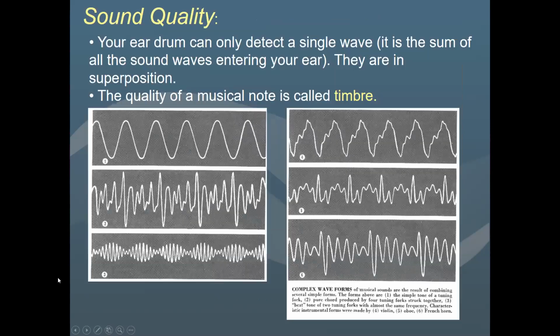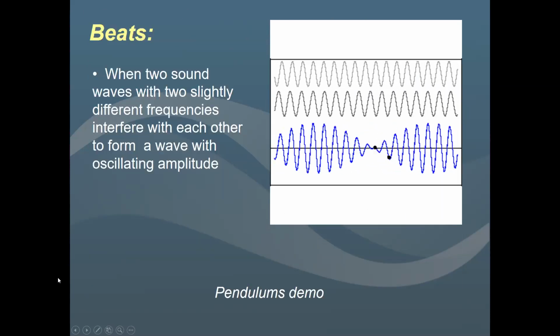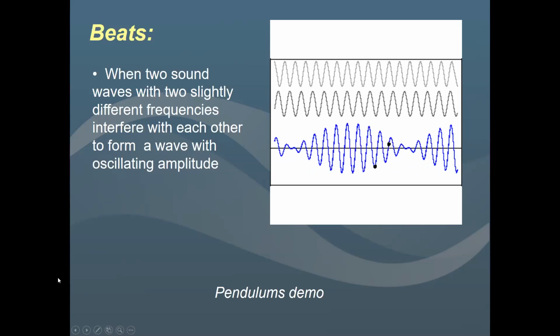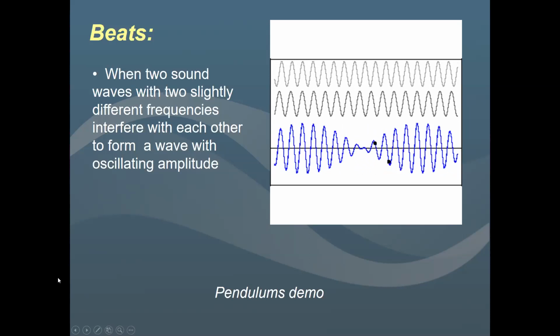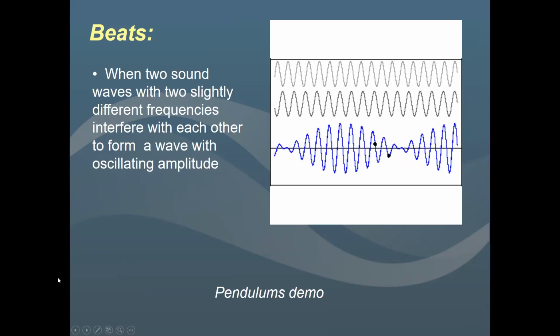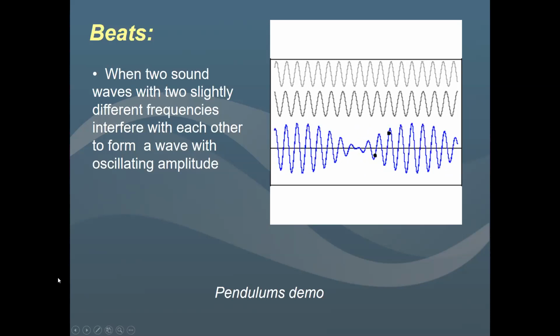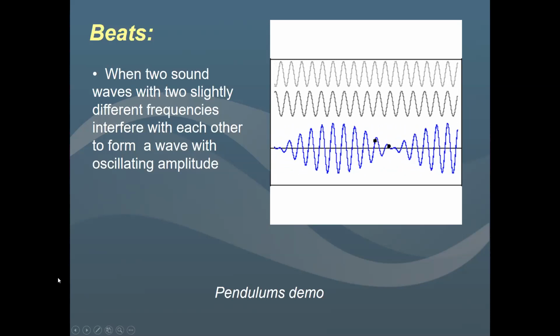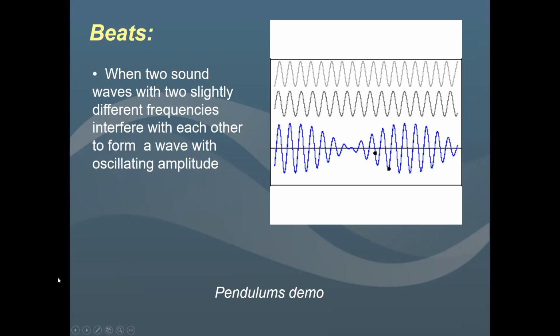Music is actually a collection of sound waves put together, and that is what we hear. With a band or an orchestra, we have different sounds coming from different instruments, and the collection of all these sound waves is what makes an orchestra very pleasant to listen to.